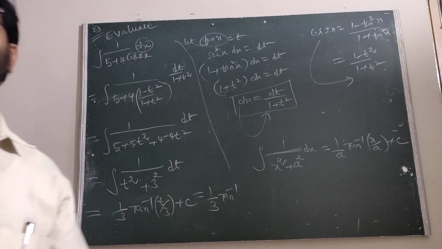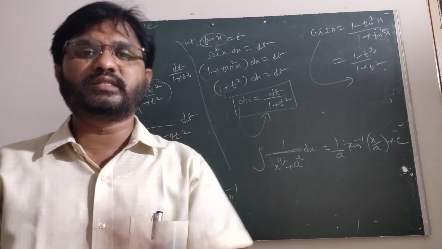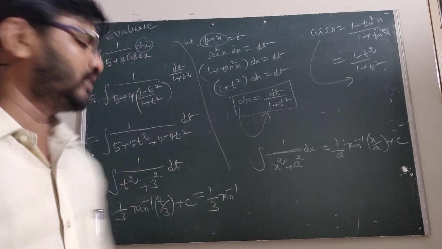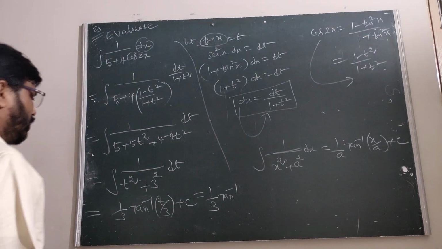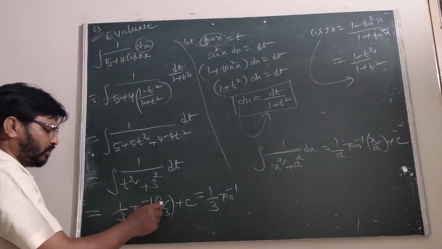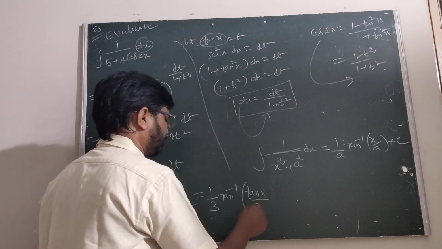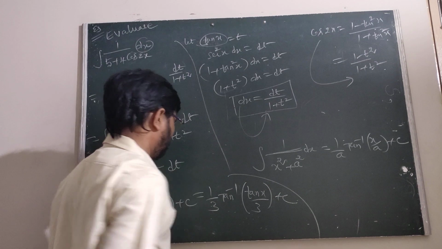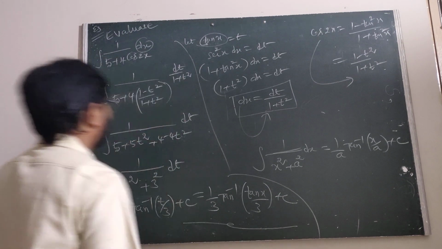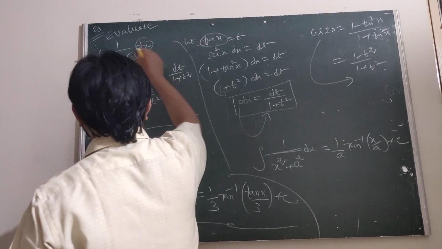In that case we take tan x by 2 as t. But now we are taking tan x equal to t. Therefore we can write 1 by 3 tan inverse of tan x by 3 plus c, which is the required answer. So don't confuse in this case.